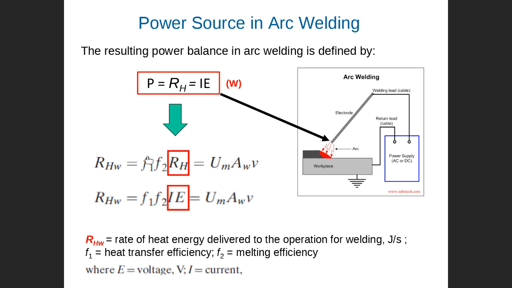f1 is the transfer factor. f2 is the melting factor. RH equals UM A V, where A is the welding area and V is the welding speed.